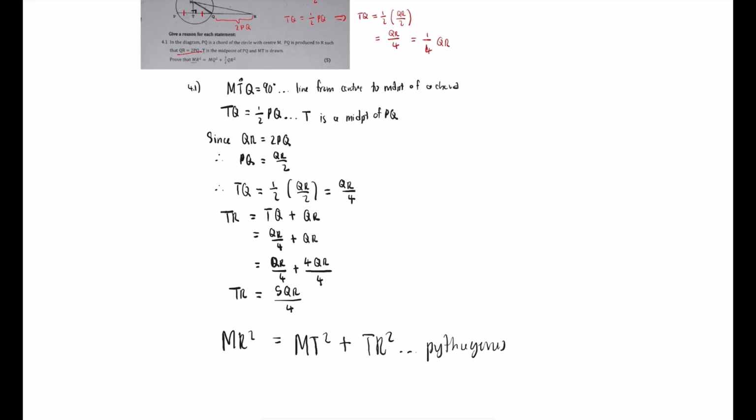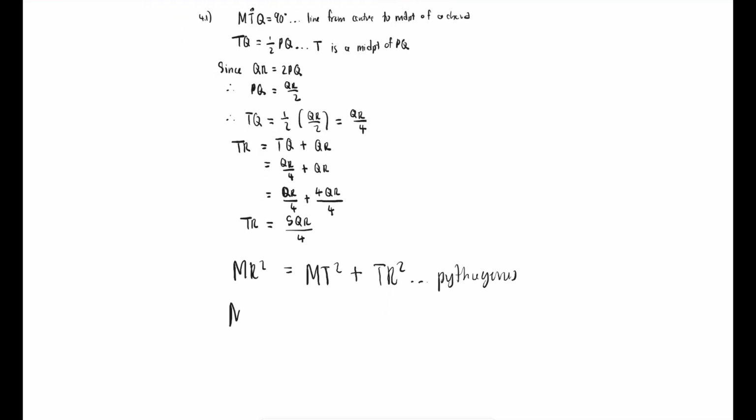And then my MR squared is equals to my MT squared plus my TR, which is 5QR over 4 all squared.